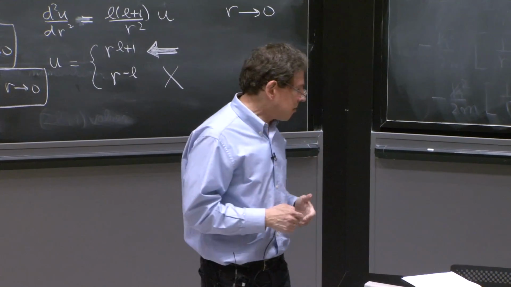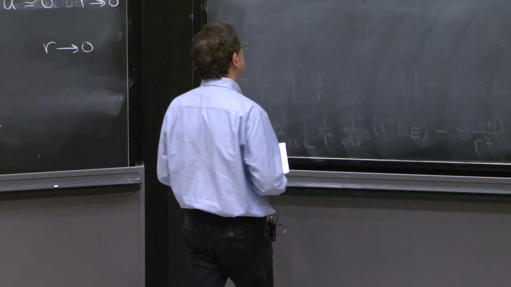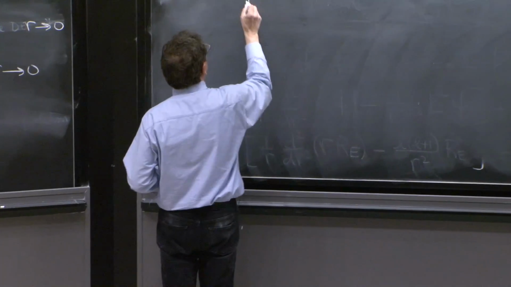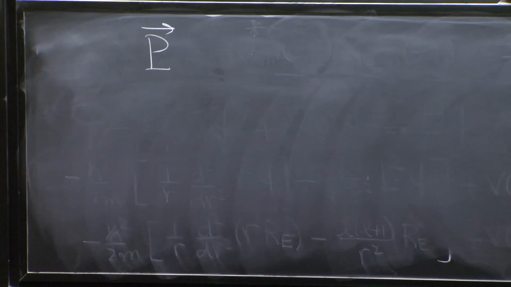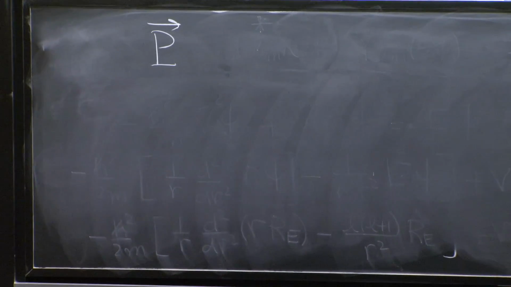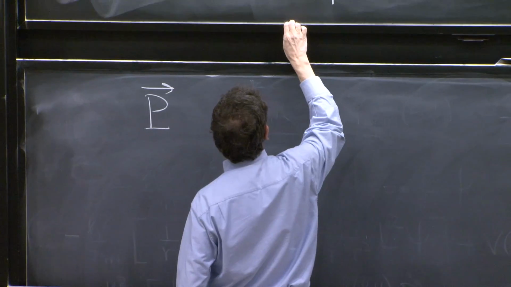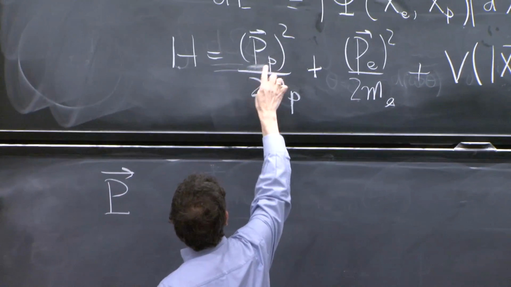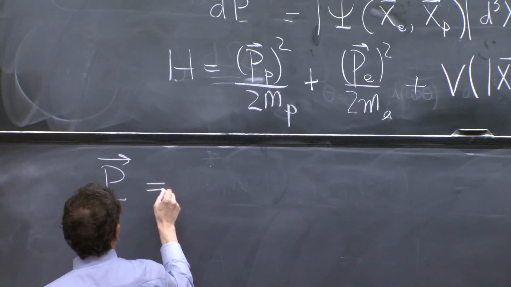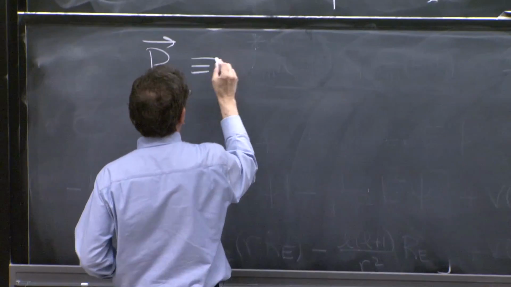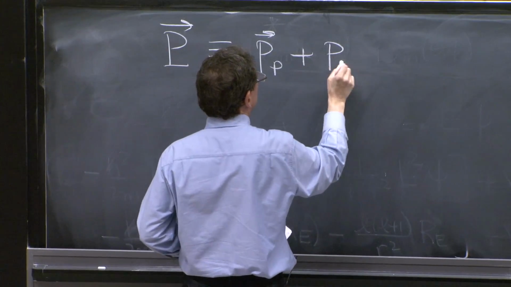And the center of mass momentum is always the sum of the momenta, so we will define a capital P. I hope my P's are always clear. They're not supposed to have the little bar below. This is the total P, and it's going to be defined as the momentum of the proton plus the momentum of the electron.